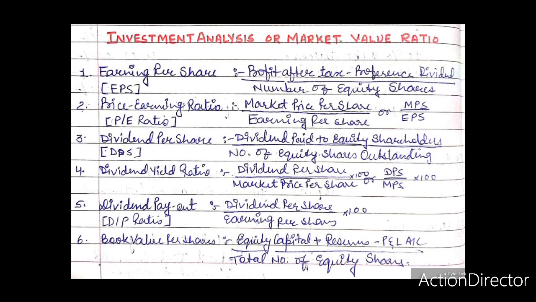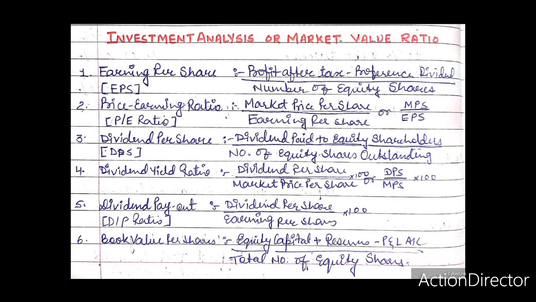Number 4. Dividend yield ratio, meaning and computation. This ratio is yet another profitability ratio from the standpoint of equity shareholders. The earning per share and dividend per share are determined on the basis of book value of shares, while this ratio is expressed in terms of market value per share.